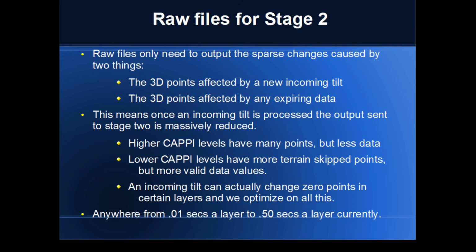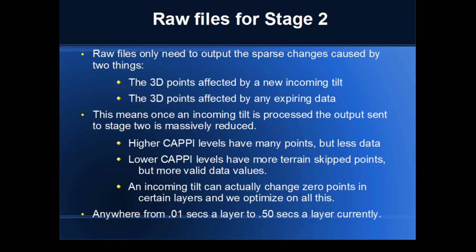The raw files for stage 2. Raw files only need to output the sparse changes caused by two things. Like we said, one, the 3D points affected by a new incoming tilt, and two, the 3D points affected by any expiring data. Basically, this means that once an incoming tilt is processed, the output sent to stage 2 is massively reduced. So higher CAPPI levels tend to have more points but less data.